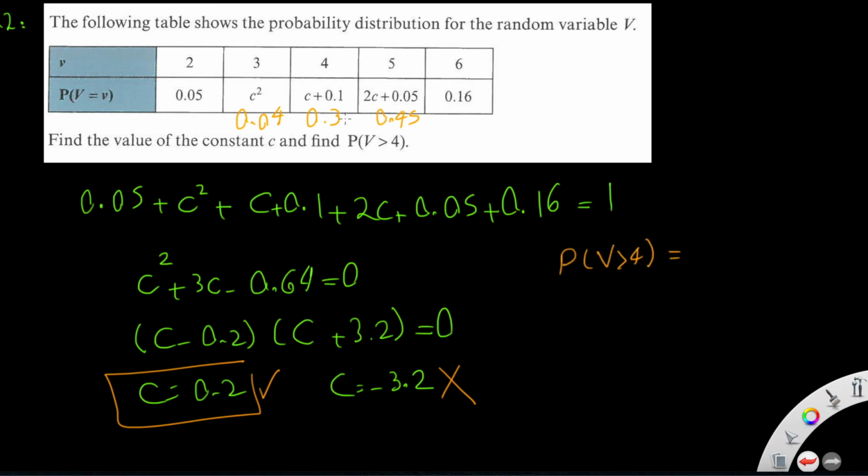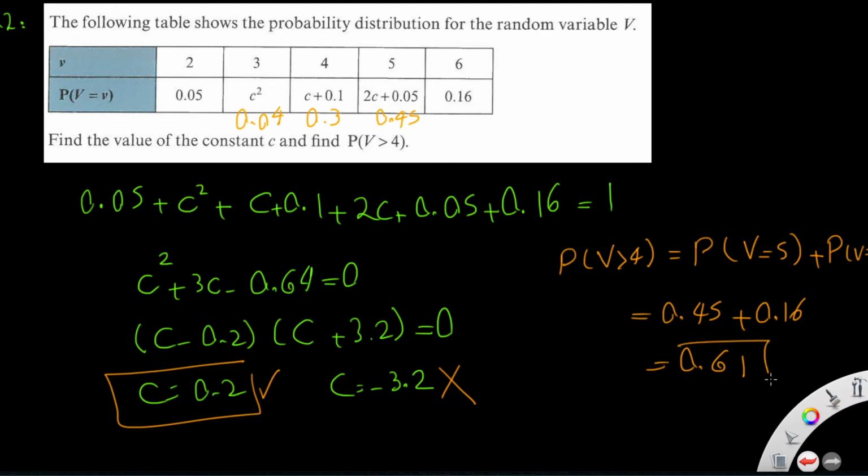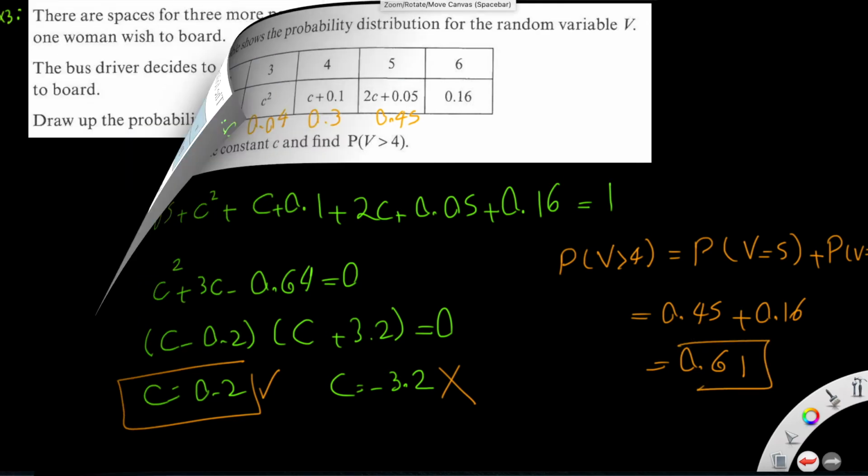As you see here, there are two numbers more than 4 in the table. Once v is equal to 5 or v is equal to 6, which will be 0.45 plus 0.16, which is 0.61 as the final answer for the probability of v greater than 4.